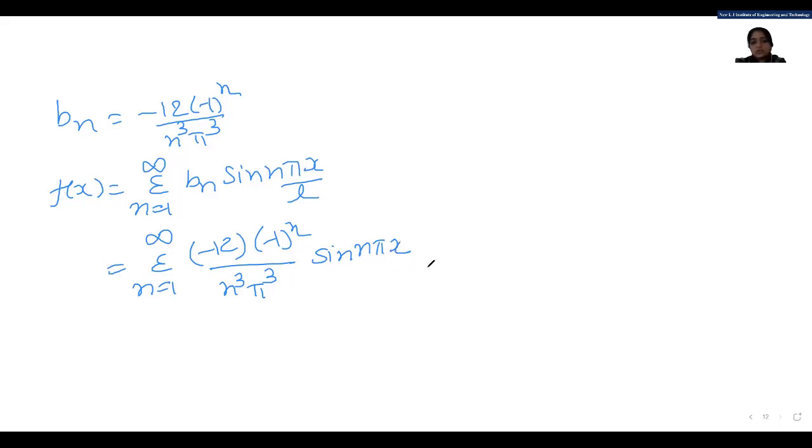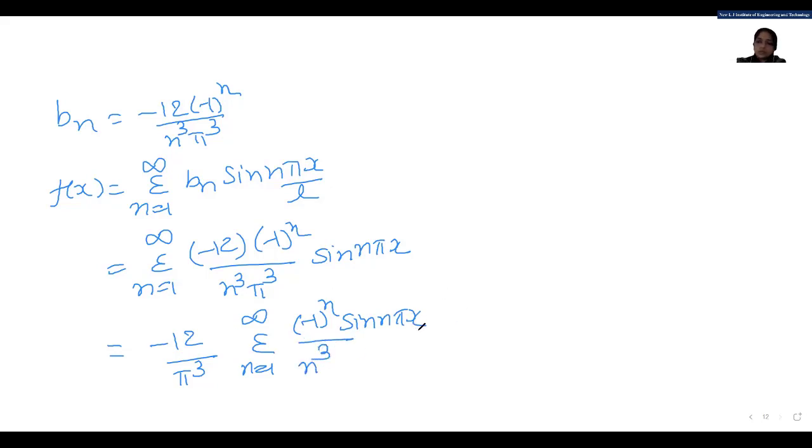So no need to write here 1, right? So minus 12 upon pi cube summation n 1 to infinity minus 1 raised to n sin n pi x upon n cube. So this is the Fourier series expansion for the given odd function in the period minus 1 to 1.